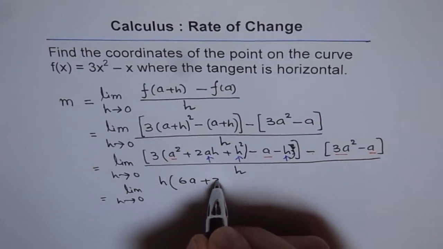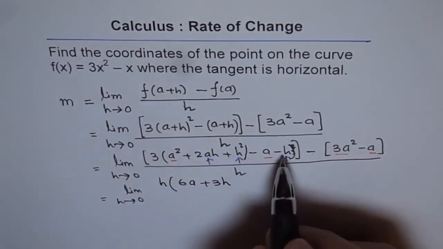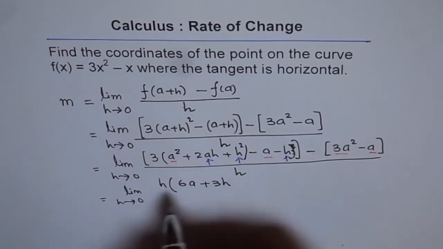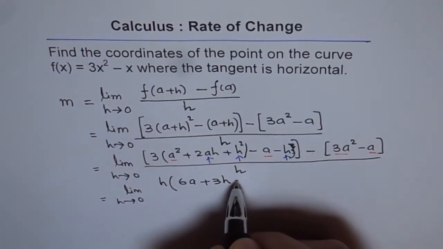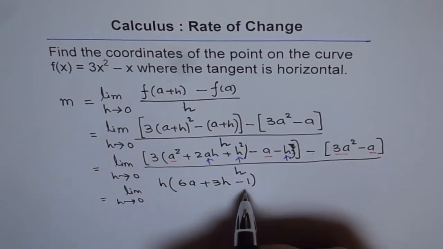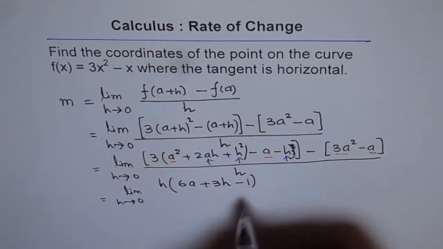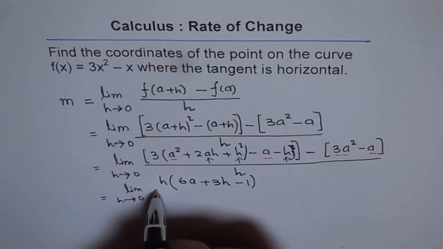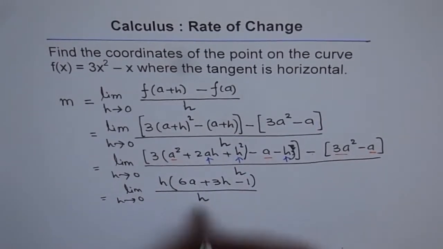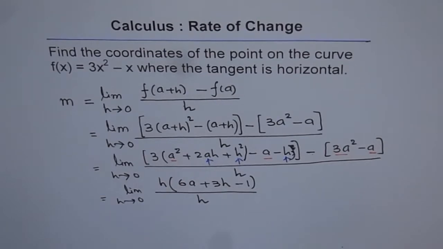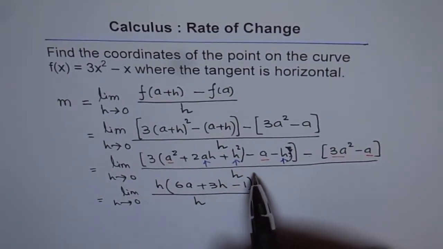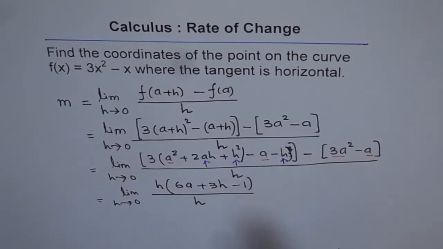So plus 3h, correct? And here we're left with minus h, but I've taken out h as a factor, so I'm writing this as minus 1. I hope you understand. I've missed one step here, divided by h. I've done it on purpose. I want you to understand a few steps in between. Fill them up when you solve.